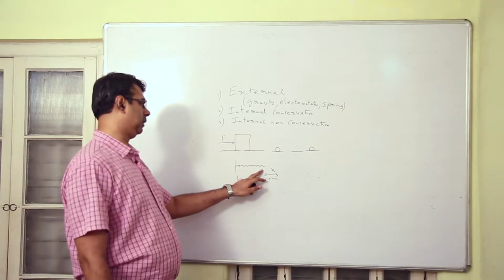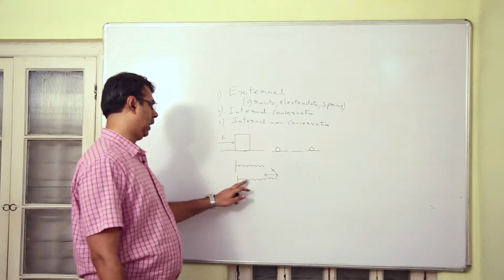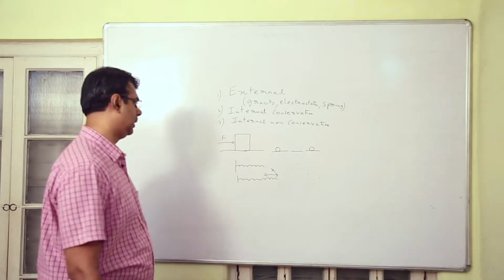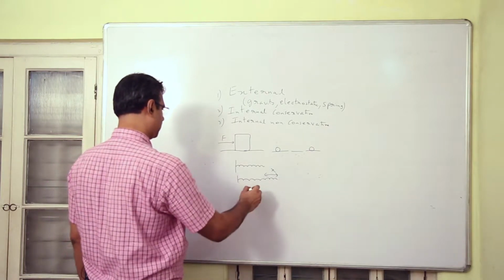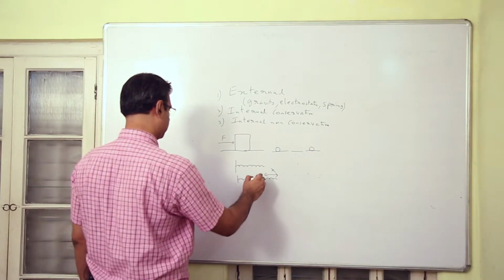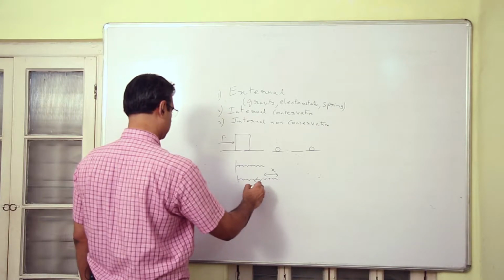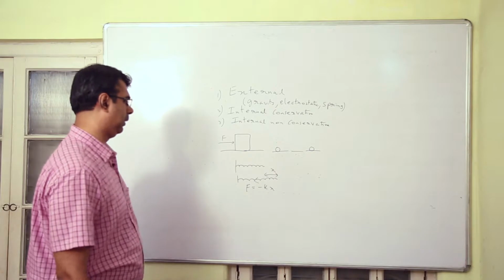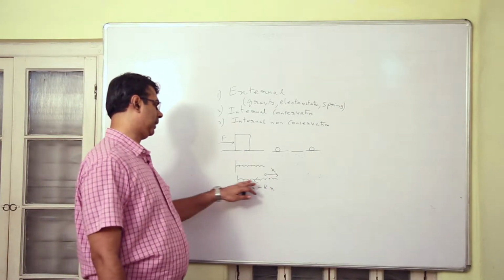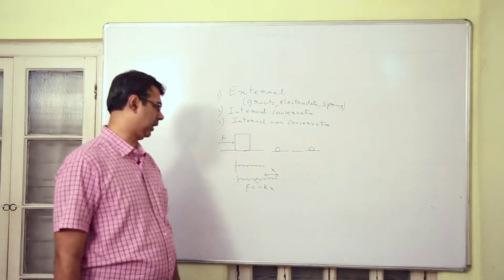Since the spring has got extended by a distance x, a restoring force will act on the spring and it will try to make it come back to its natural length.